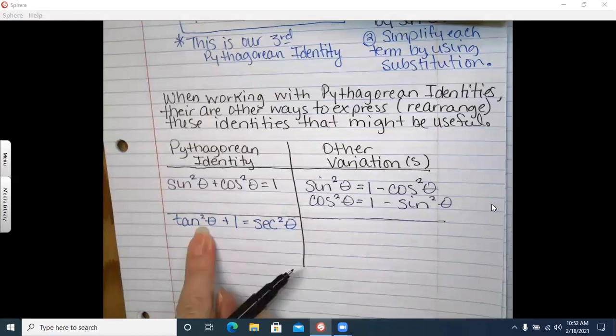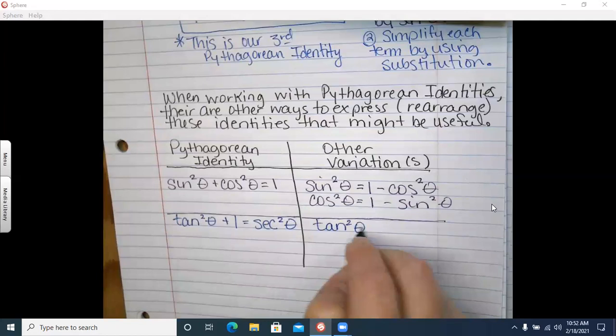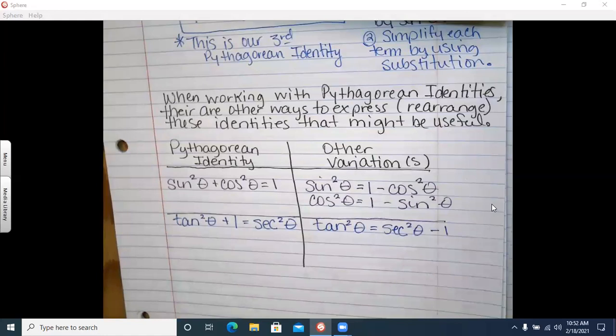Wouldn't I just subtract 1 from both sides? So this is the same thing as tangent squared of theta equals secant squared of theta minus 1, because I'd subtract that 1 from both sides. So y'all know, a lot of times you have the formula with one variable isolated, compared to rearranging it where a different variable is isolated, depending on the information that you've been given, right? So that's all we're doing here.